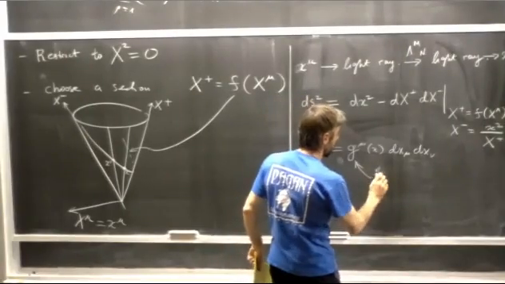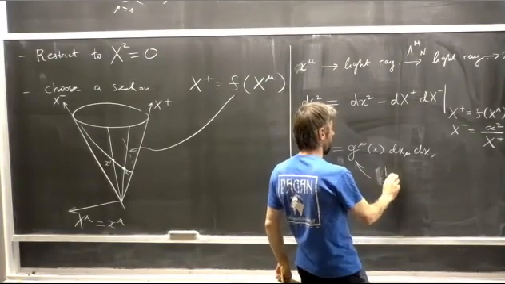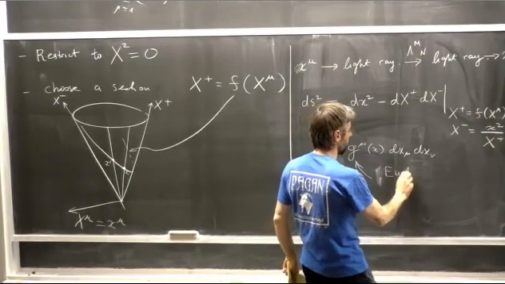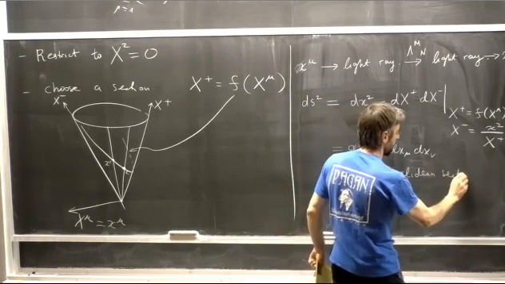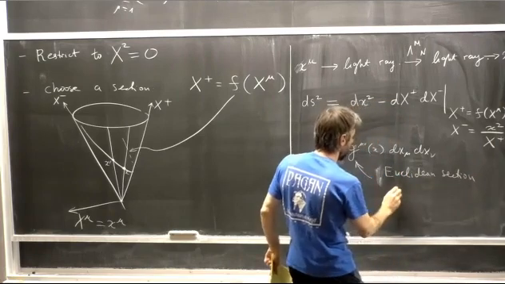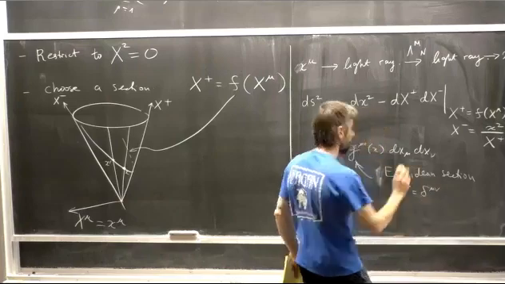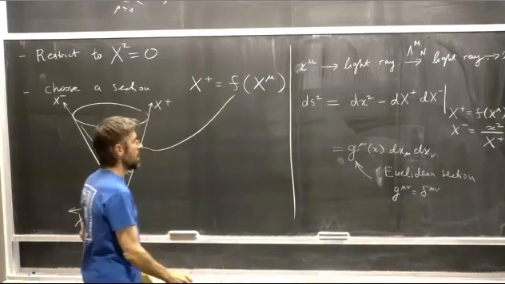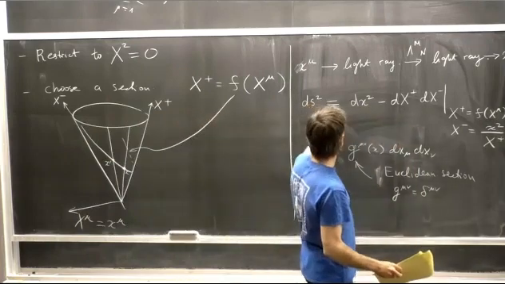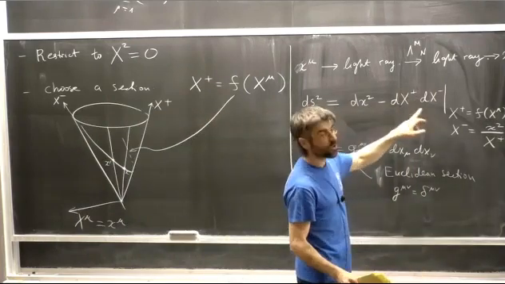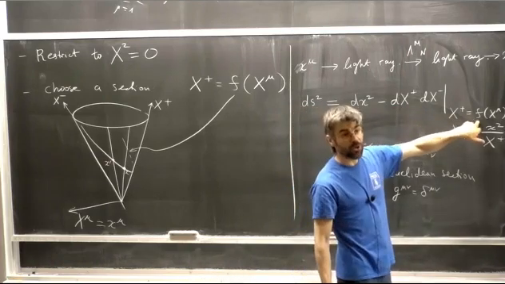So I'm going to call it the Euclidean section if g mu nu is equal to delta mu nu, and as you can clearly see, g mu nu is going to be equal to delta mu nu if this extra term does not contribute to the metric. So this is going to happen if f is a constant.